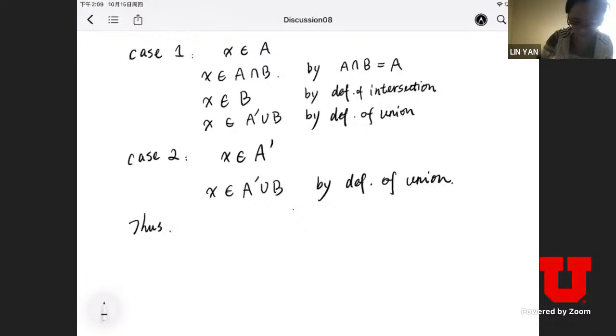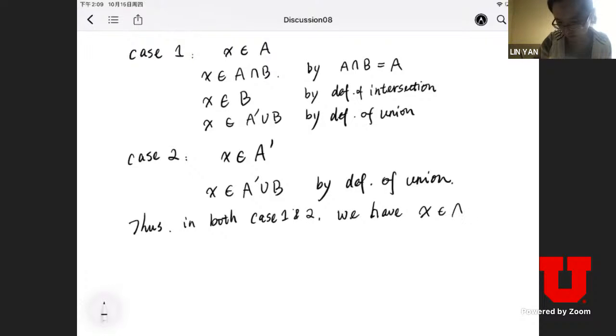Thus, in both case 1 and 2, we have X is an element of A complement union B, so the universal set is a subset of A complement union B.